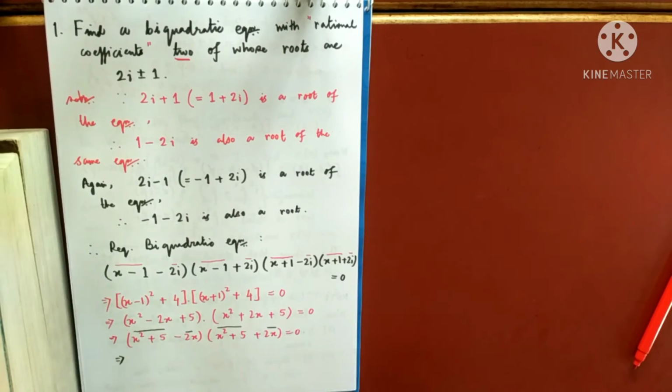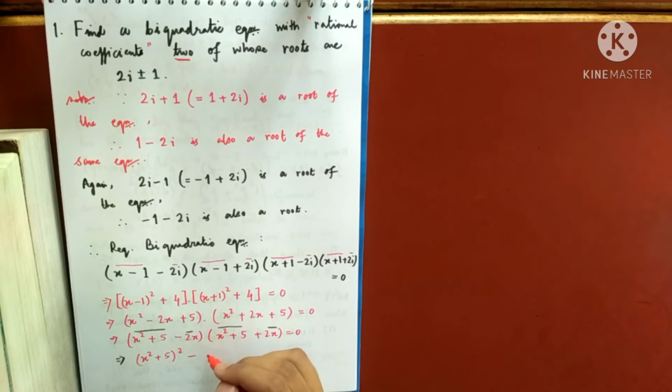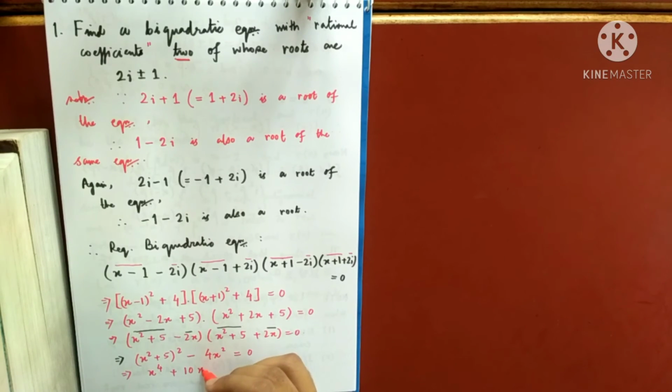So what is your required biquadratic? So a square minus b square, so 4x square. So just simplify one more line. So this is x to the power 4 plus 10x square plus 25, minus 4x square.